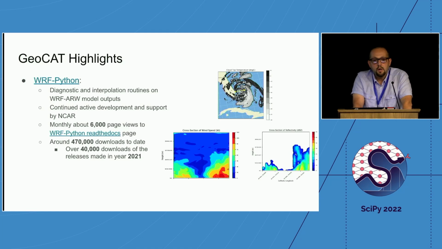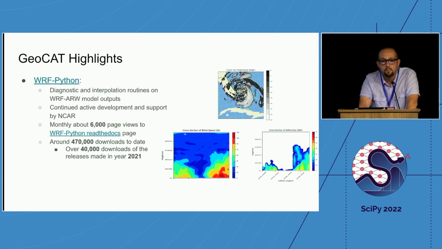So Wharf Python is still in limited but active development. Most of the maintenance we are doing is supporting the user base requests. And one caveat with Wharf Python is that it is one of the first examples of NCAR's Pivot to Python initiative.